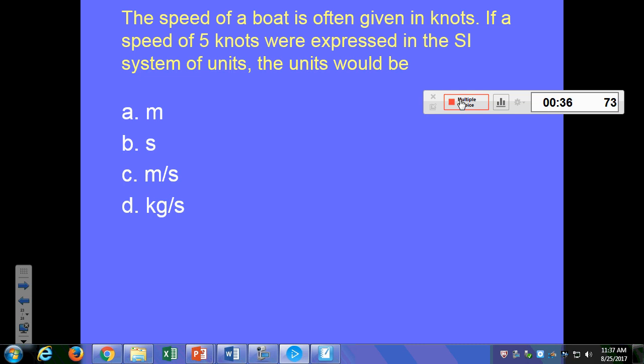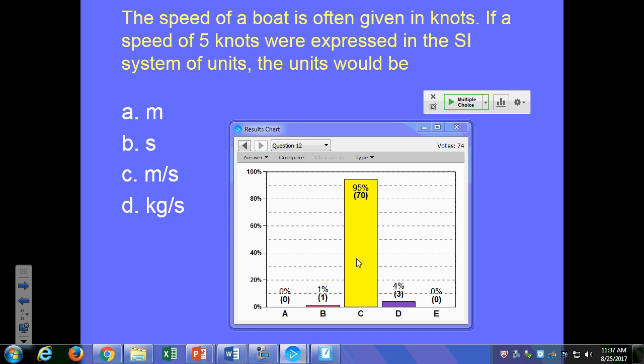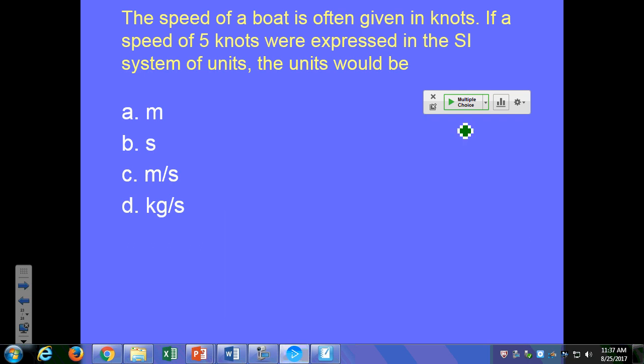All right, let's stop at 40. That's awesome. C is right, meters per second.